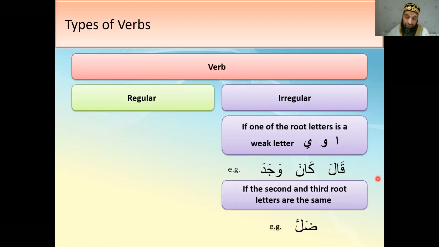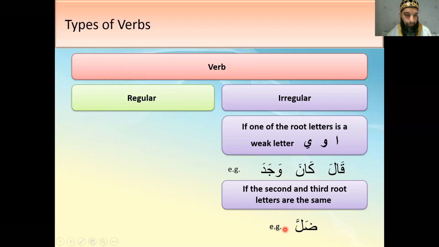The second way to tell that a verb is weak is if the second and the third letter are the same. So this is dad, lam, and lam, but we just put the shad on it. That means double lam. If the second and third letters of the root word are the same, then it becomes a weak verb. So dalla is a weak verb. Happy with that?